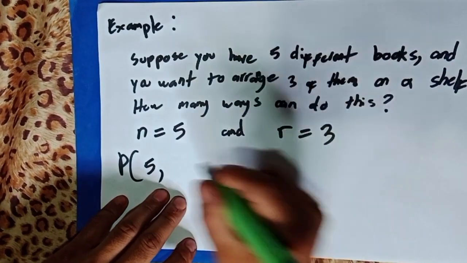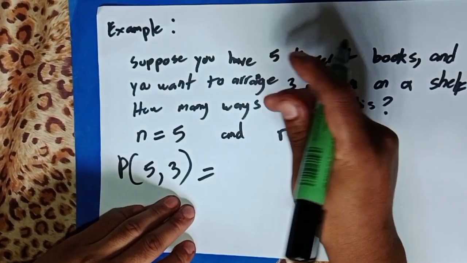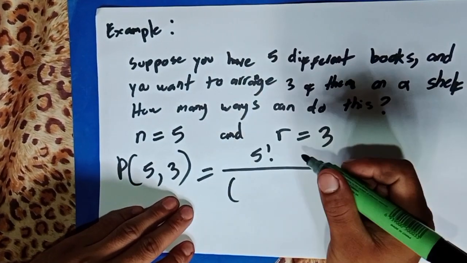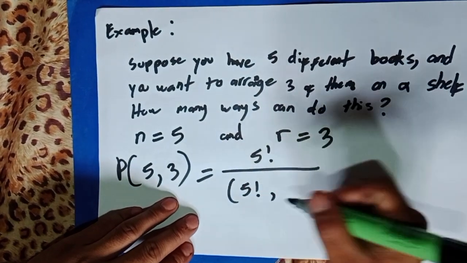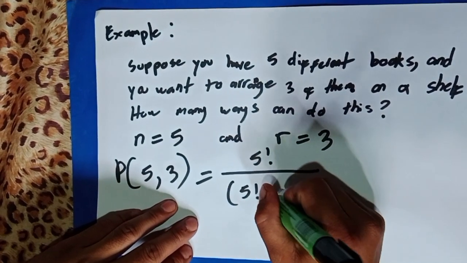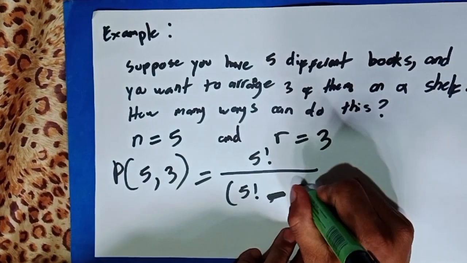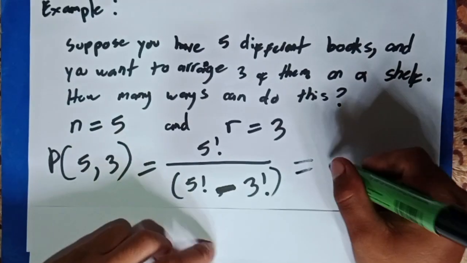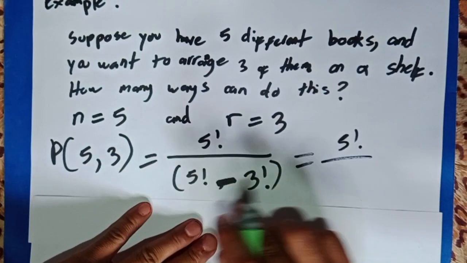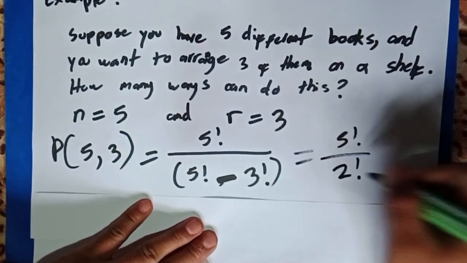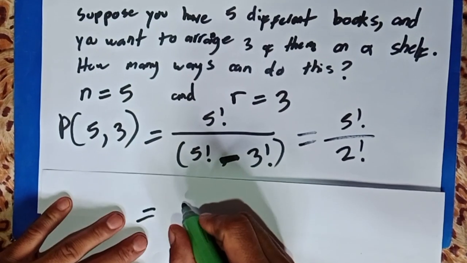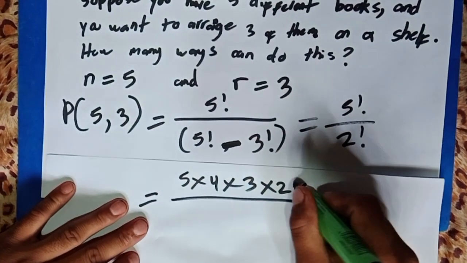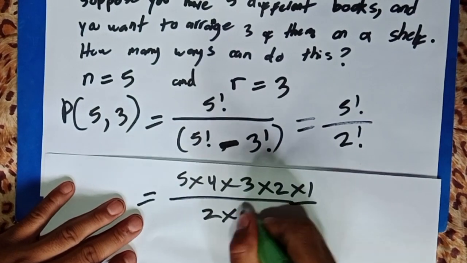Let's put it in the formula. P(5,3) equals n factorial over n minus r factorial, so 5 factorial over 5 minus 3, which is 2 factorial. 5 factorial is 5 times 4 times 3 times 2 times 1, and 2 factorial is 2 times 1.